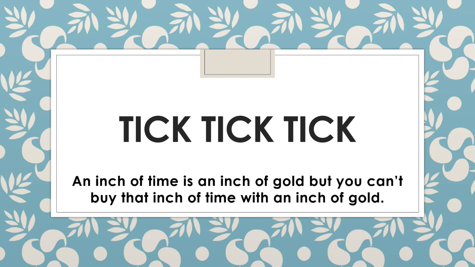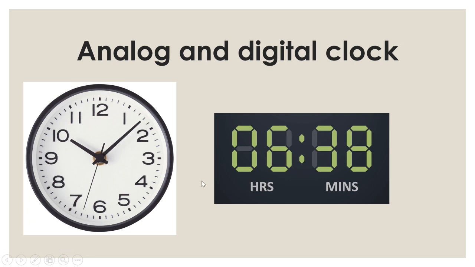And as you can make out, tick, tick, tick is the sound of the clock. We have two types of clocks these days. This is a very, very famous and familiar kind of clock which each one of you would have seen.